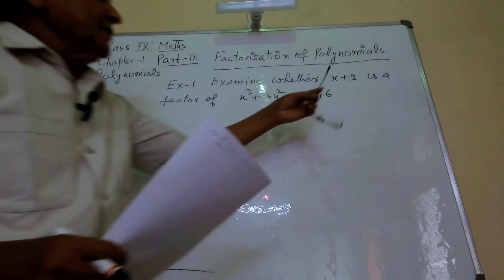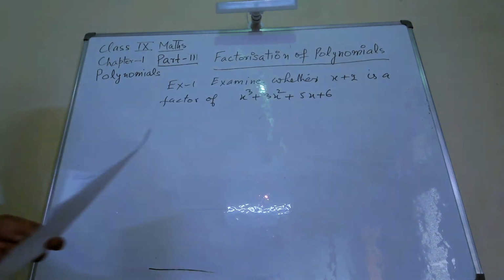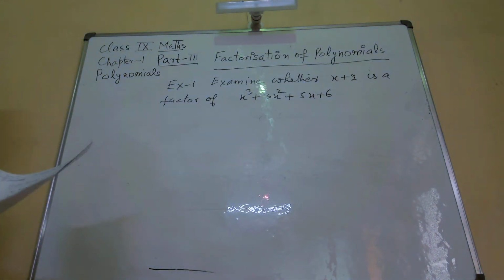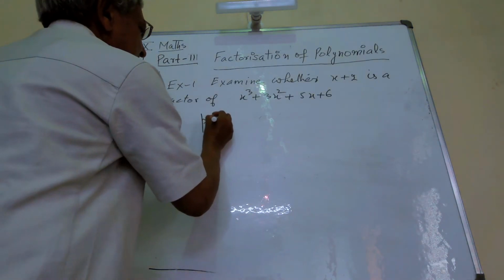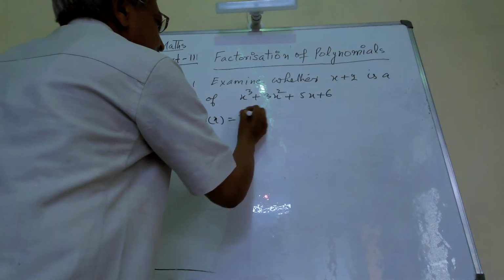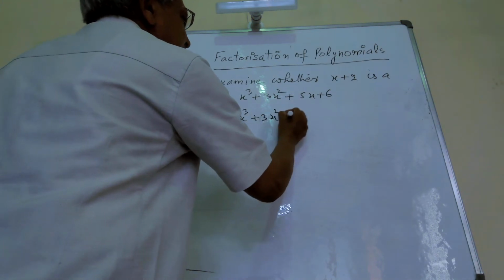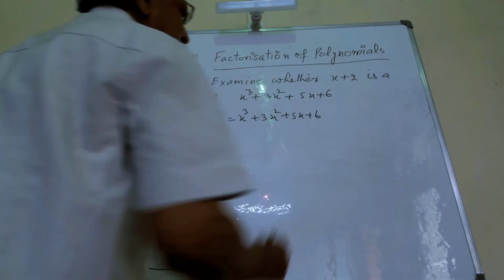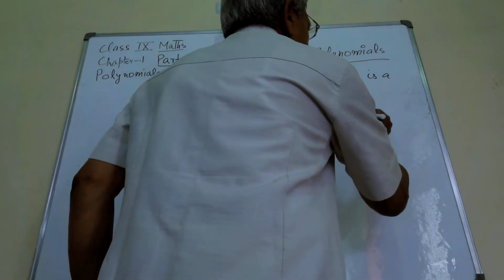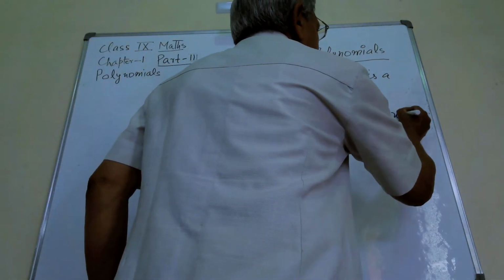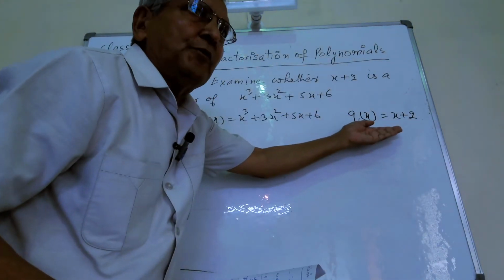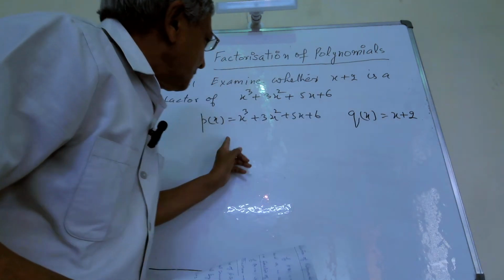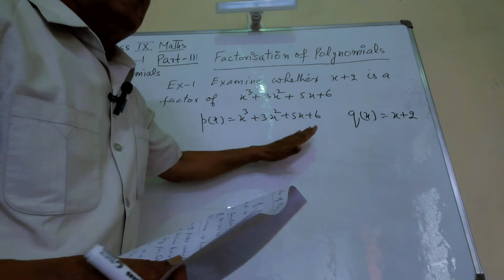We have to check whether x plus 2 is a factor of x cube plus 3x square plus 5x plus 6. There are two polynomials. Write down p(x) is x cube plus 3x square plus 5x plus 6, and the other polynomial q(x) is equal to x plus 2. We have to check whether q(x) is a factor of p(x) or not.